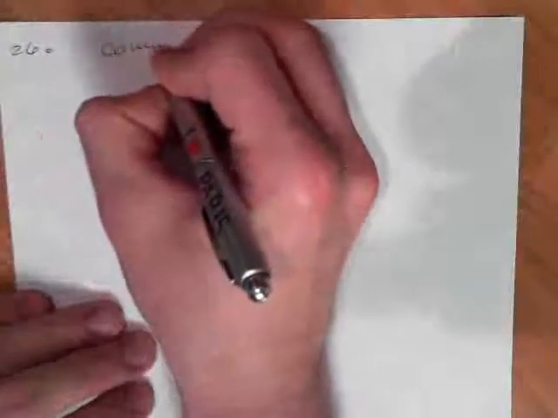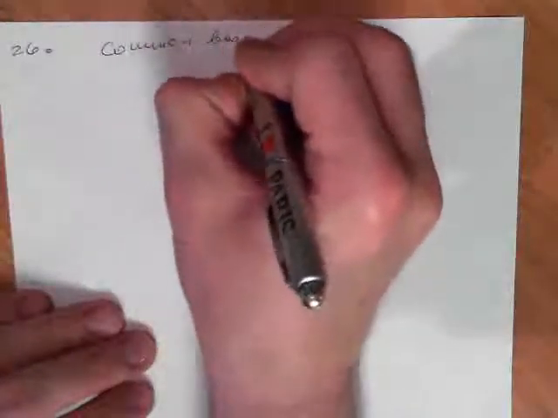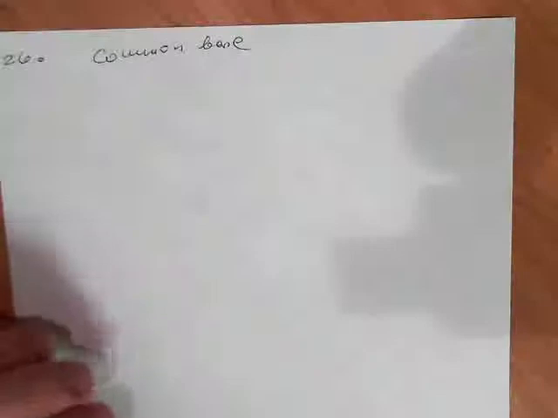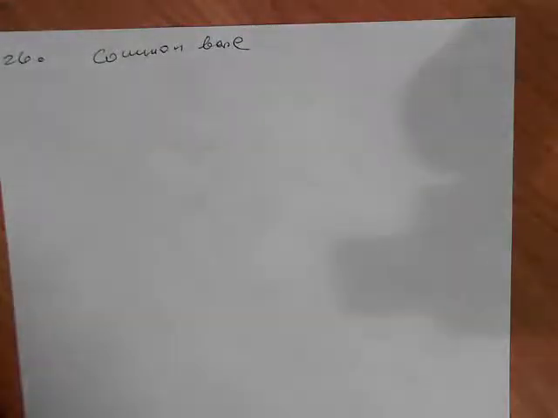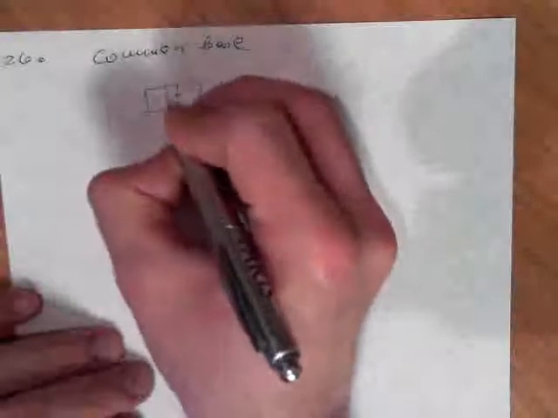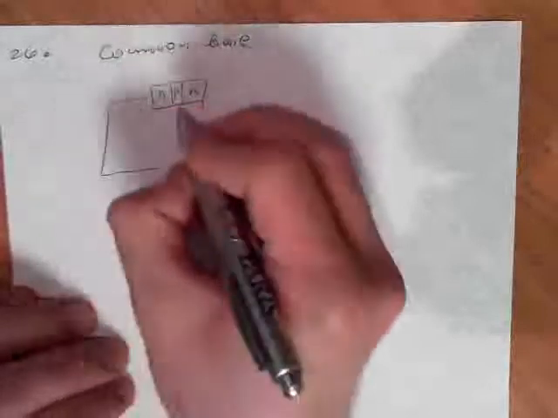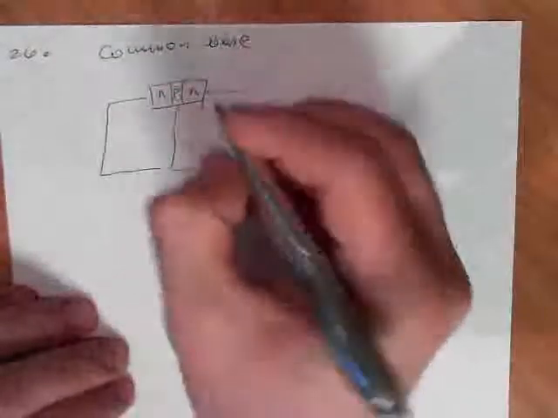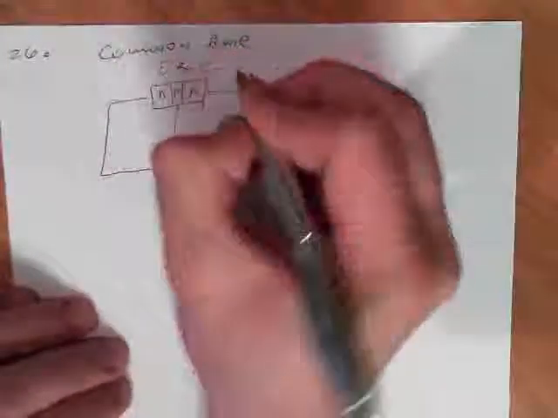We go with bipolar transistors. 26. So common base configuration. NPN transistor, and common base, so it was like this: emitter, base, collector.